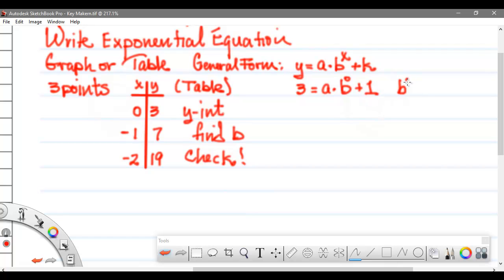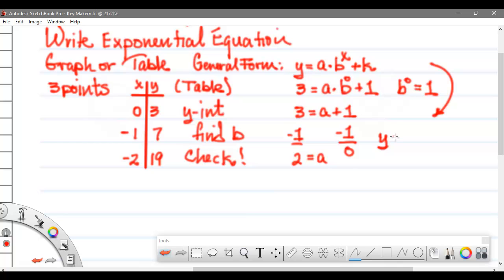Now it's important to remember that anything raised to the 0 power is 1. It's not 0, it's 1. So I'm going to rewrite this using that fact. So it's a times 1, which would be a, plus 1, which is the k value. Now we're going to go ahead and solve for a. So I subtract 1 from each side, or add a -1, and I get 2 equals a, or a equals 2.